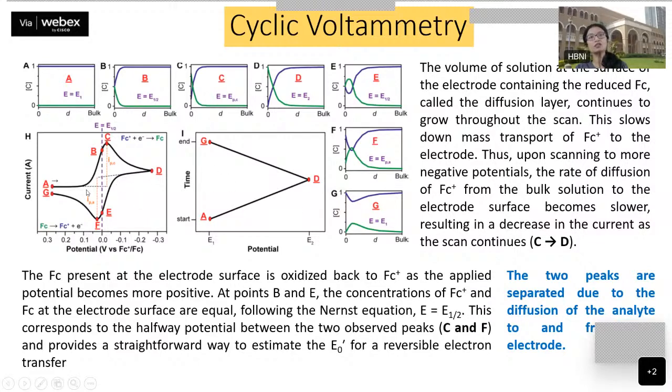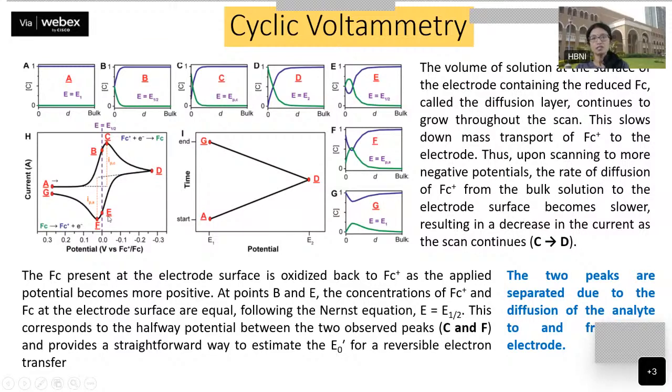As the scan continues, from A to C you see an increase in the current, and from C to D there is a decrease. Whatever Fc is present at the electrode surface, during the oxidation part of the cycle gets oxidized to Fc+ as the applied potential becomes more and more positive. At points B and E, the concentrations of Fc+ and Fc at the electrode surface are equal.